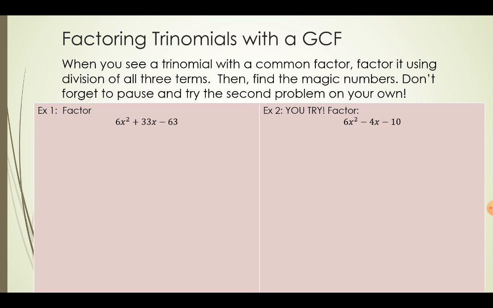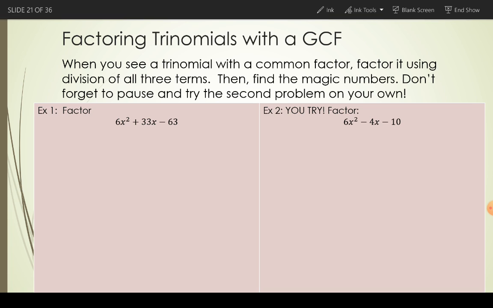So when we do that, we'll have a 3 here, and we'll be left with 2x squared plus 11x minus 21. Remember we're going to draw a line all the way to the end, and we're going to write our 3 here so we don't forget about it. And let's set up our 2-factor parentheses.